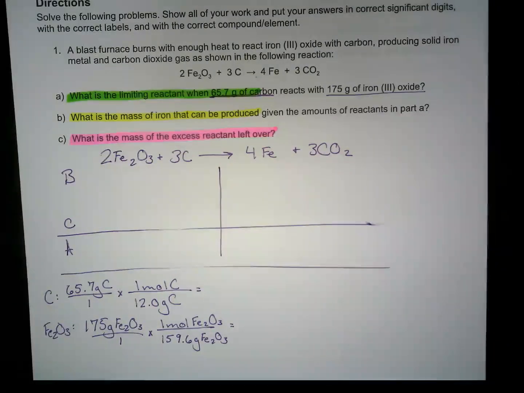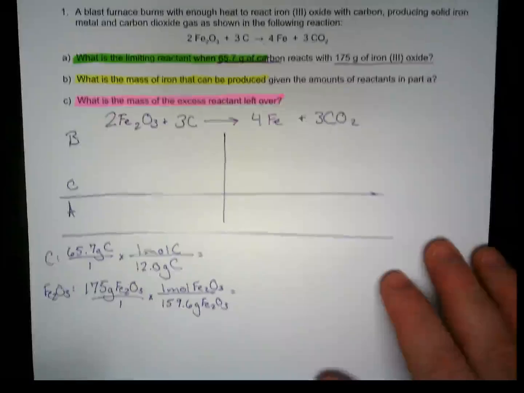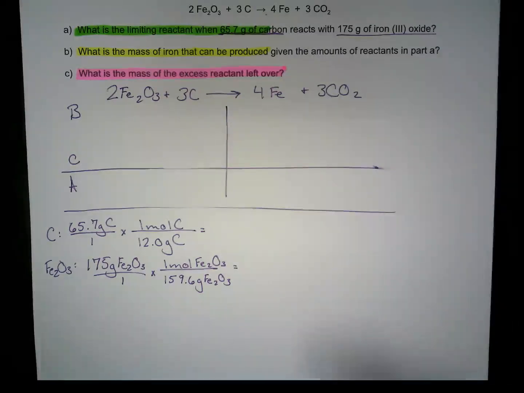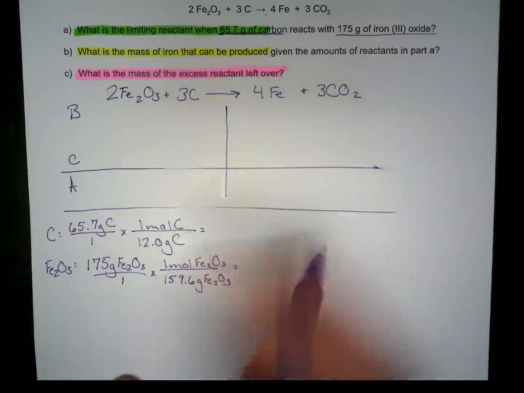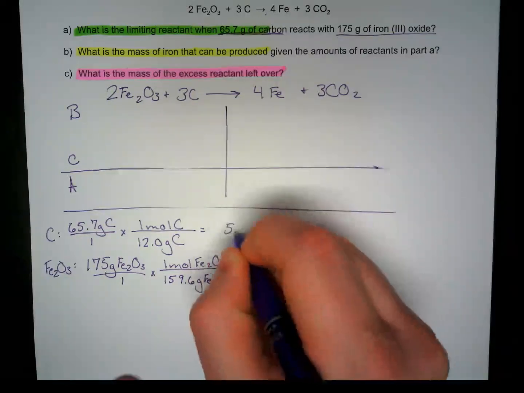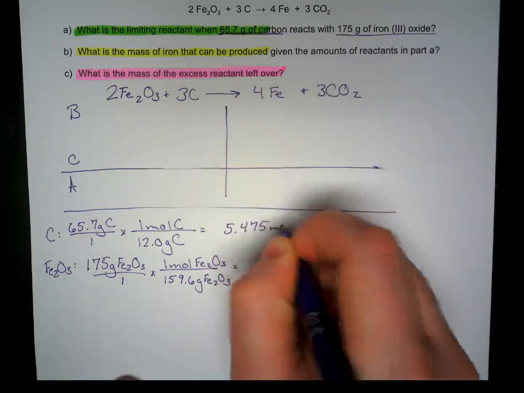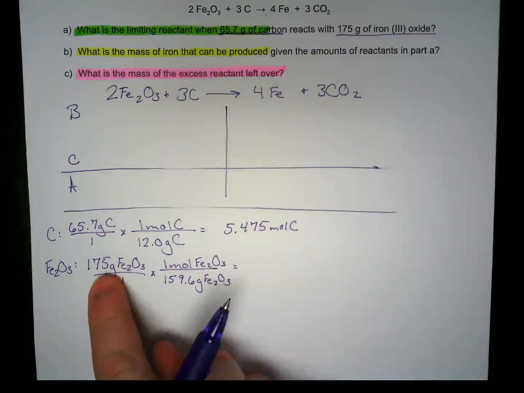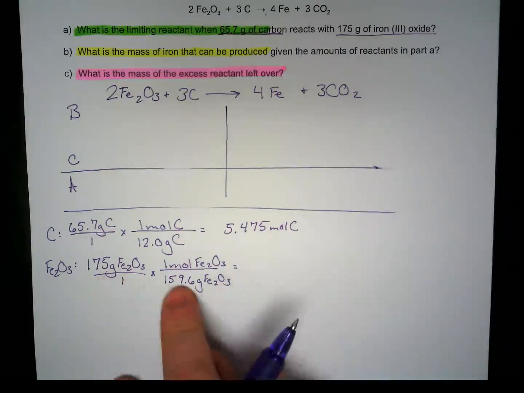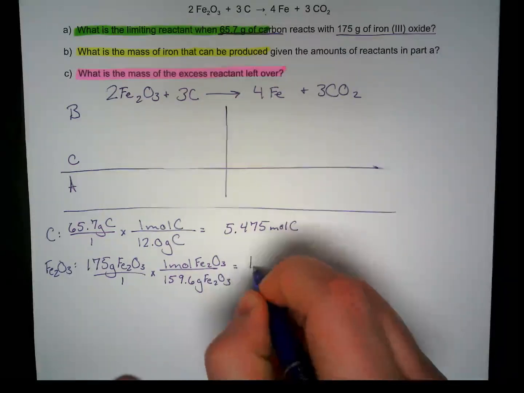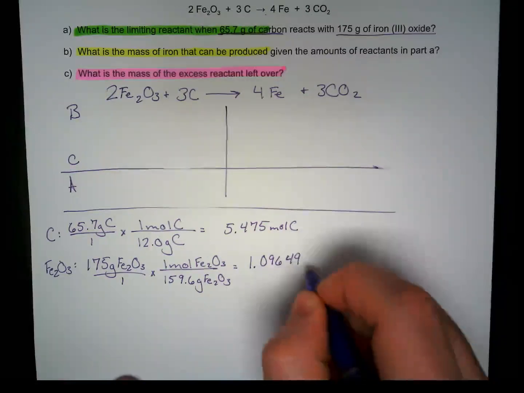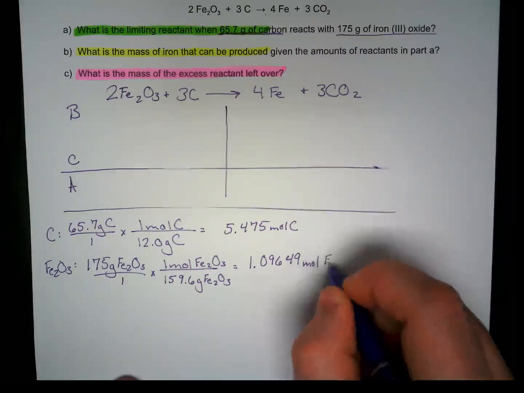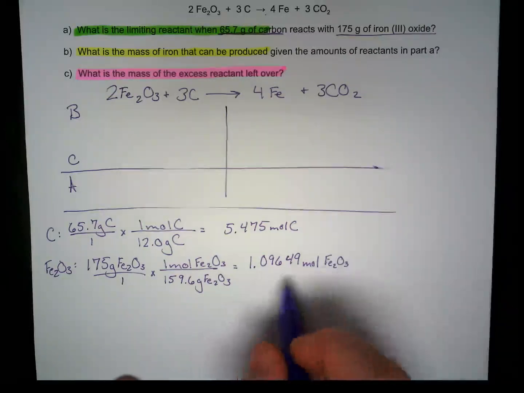So when we divide 65.7 by 12, we should get roughly 5.475 moles of carbon. And when we divide 175 grams by 159.6 grams, we get something like 1.09649 moles of our iron 3 oxide.